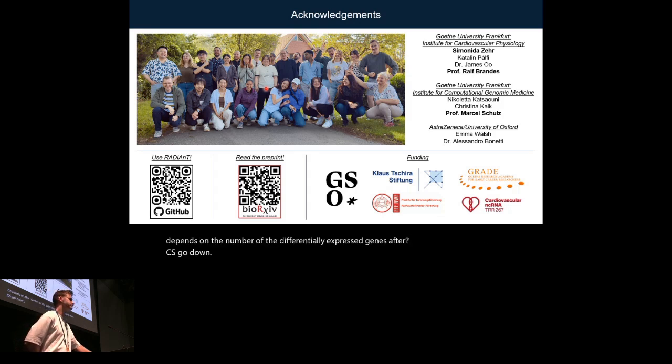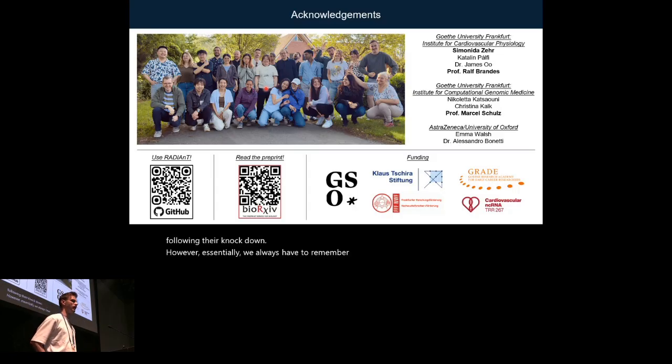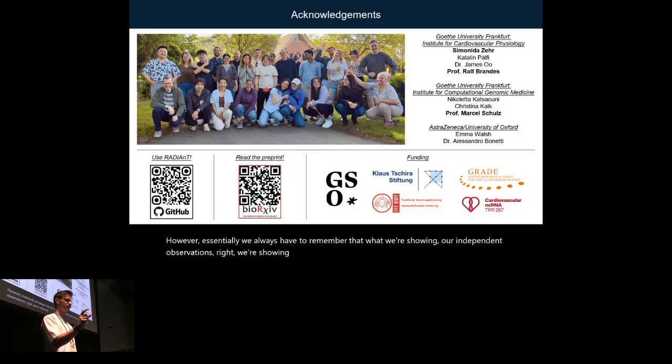It's an interesting point. I've only shown you the nicest example we have. We actually did this for more lincRNAs. We do see similar patterns in that they tend to be enriched at genes which are differential following their knockdown. However, we always have to remember that what we're showing are independent observations, right? We're showing lincRNAs bind in certain places, and if you knock down the lincRNA, then those genes are changed.